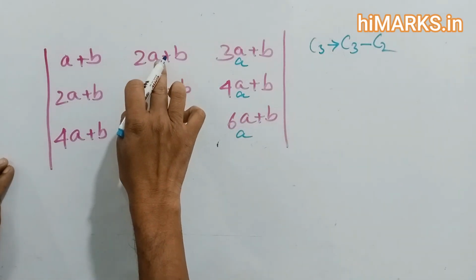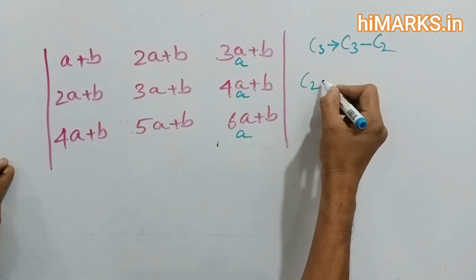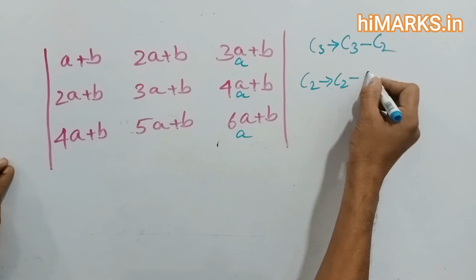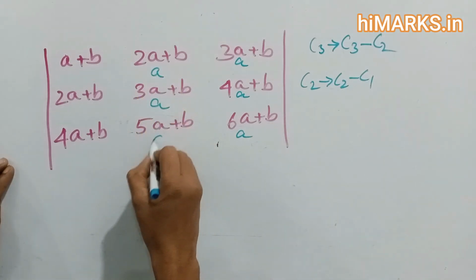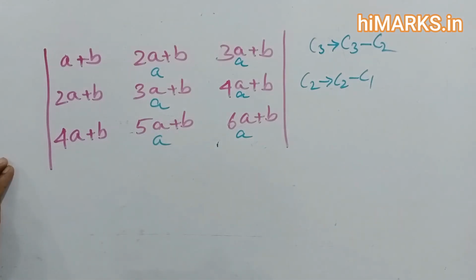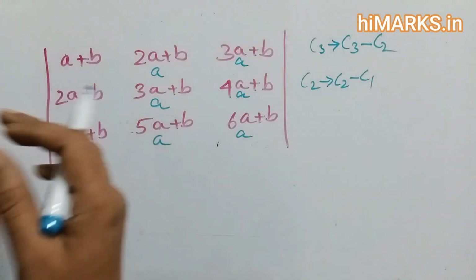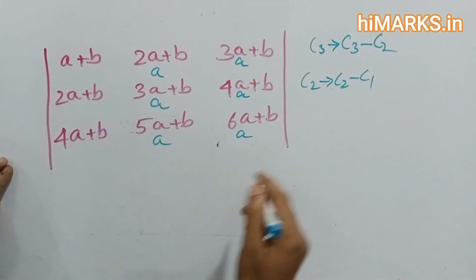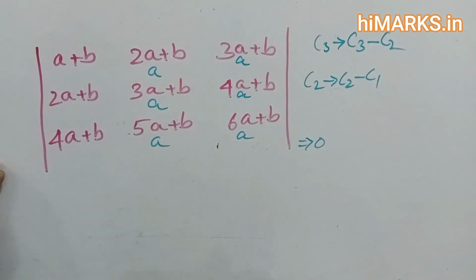Same way, new C2 will be C2 minus C1. So this also will give a and a. Hence after that, if you subtract these two, you will get a total column that is 0. So hence it is proven the determinant will be 0.